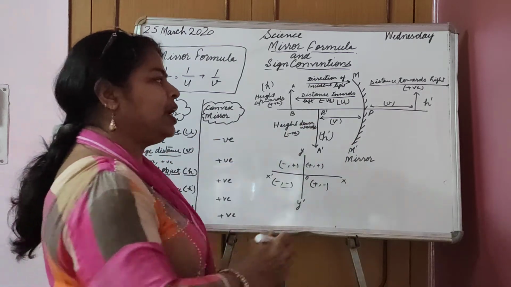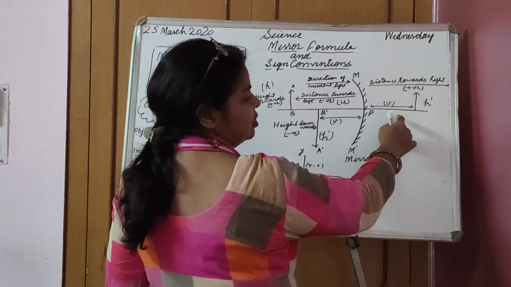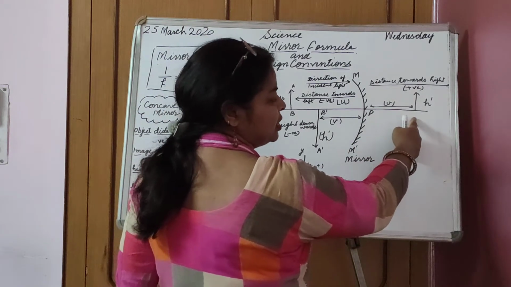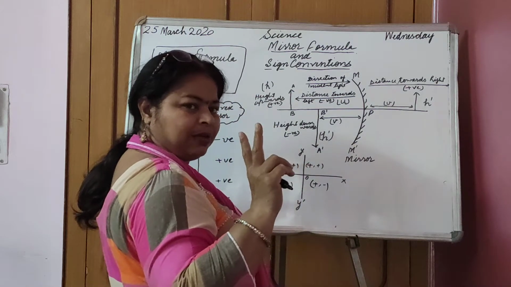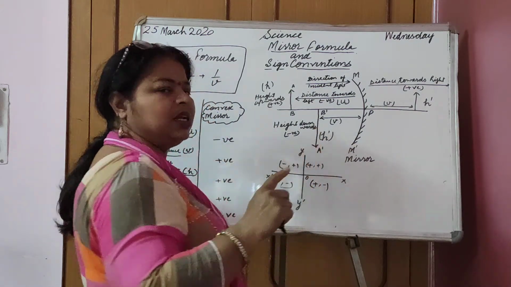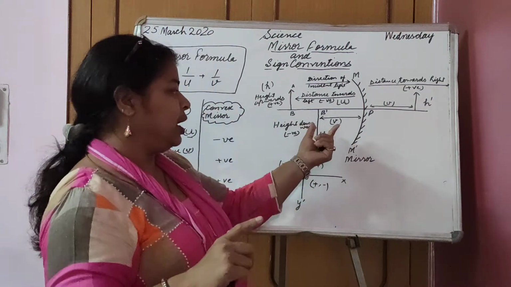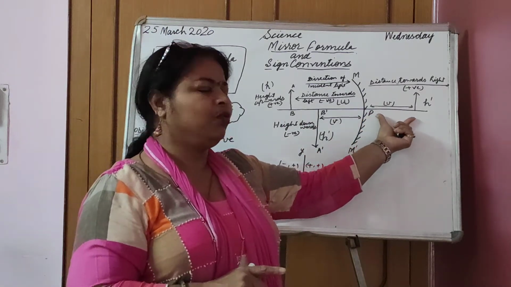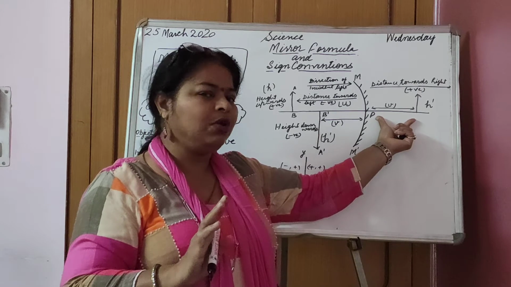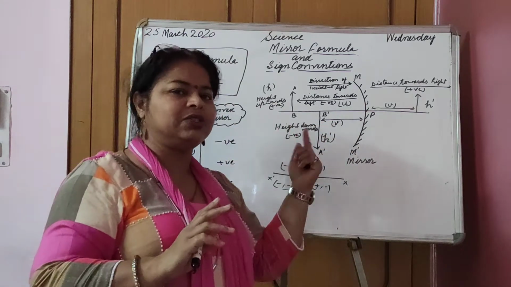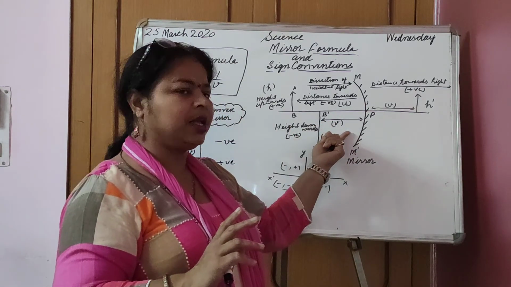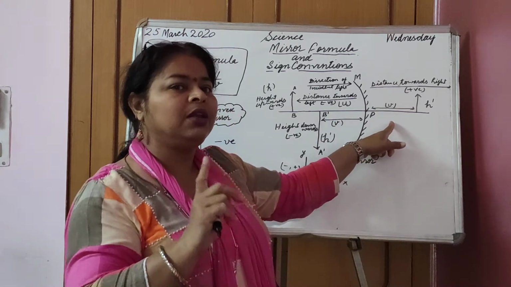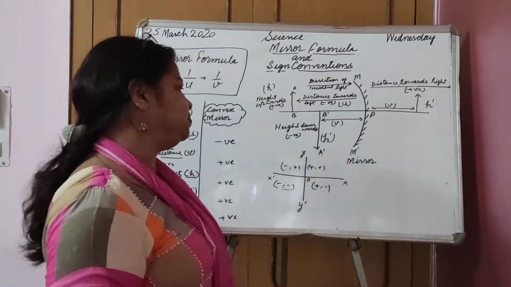In concave, besides that, we have 1 case, in which a virtual and erect image is formed. In that case, V is positive. So V can be negative as well as positive in the concave mirror, but it will always be positive in which case? Convex mirror.